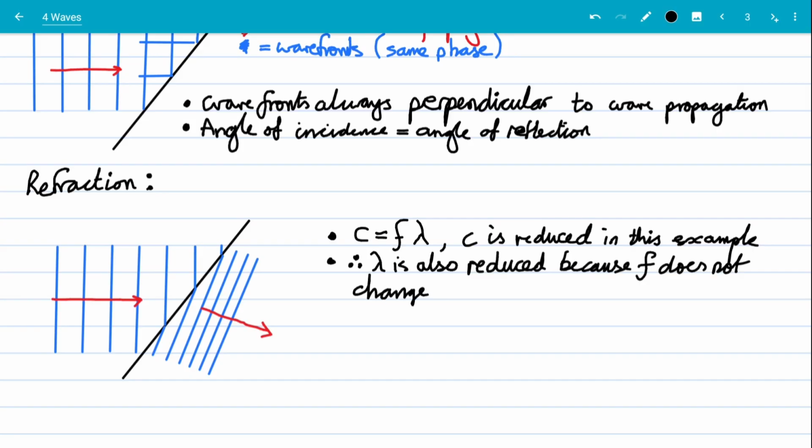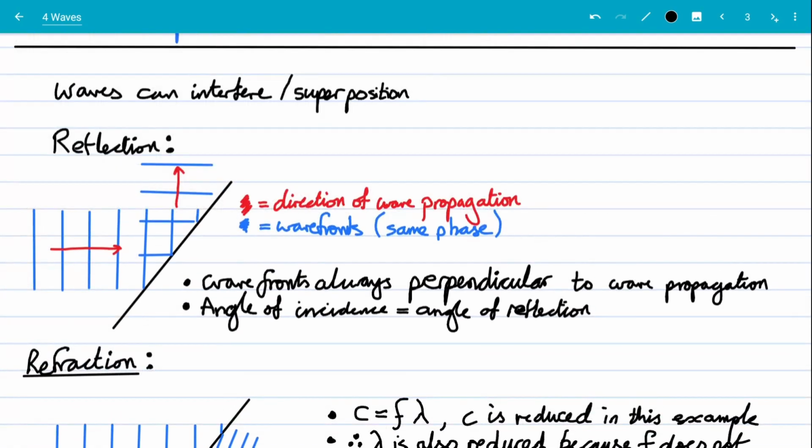So then you've got to think, well, why does a reduction in wavelength mean that the wavefront changes? And the why is a difficult question to answer. This, by the way, is not a very good explanation of why. There are some fantastic explanations out there on the internet, but I do not want to get into them now because this is really just a quick series of lessons for A-level, the bare bones of what you need to know.